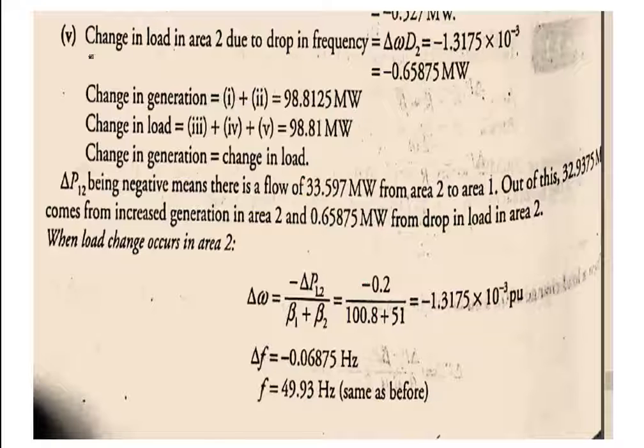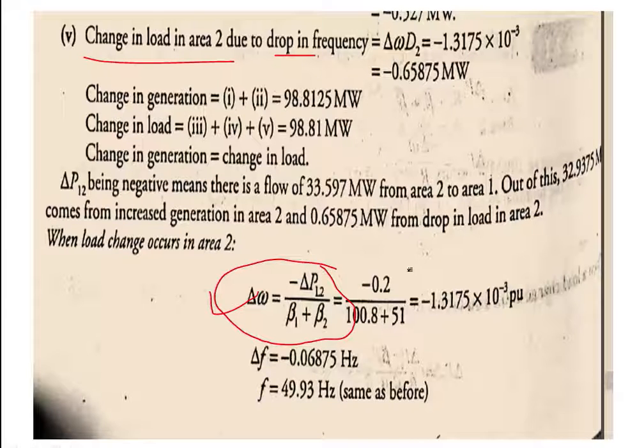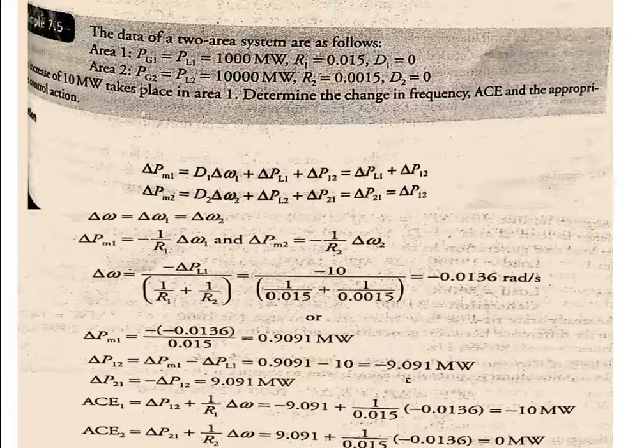Then the last, fifth case, is the same thing. The change in frequency will be observed based on these equations. Substitute the values, we know all these coefficients, and multiply with the base 50, and we'll get the answer.